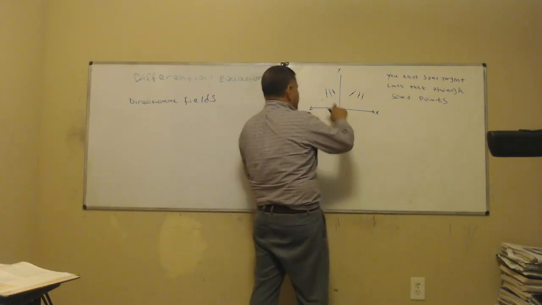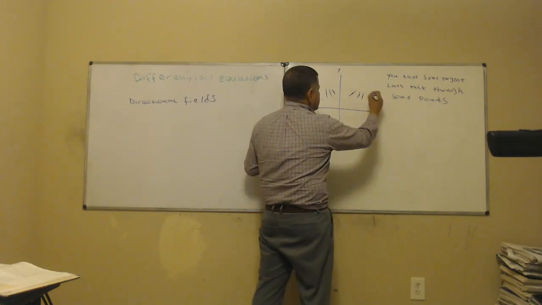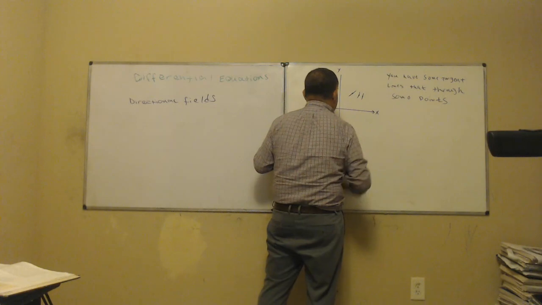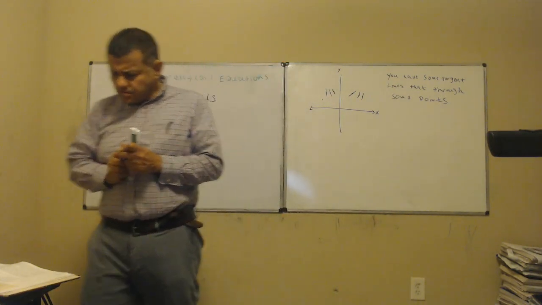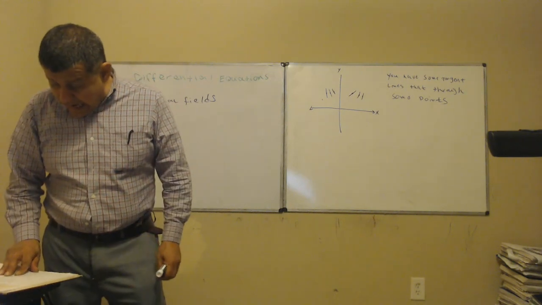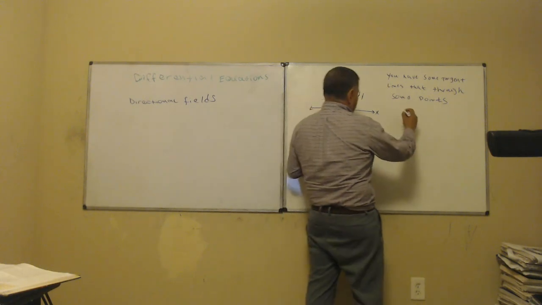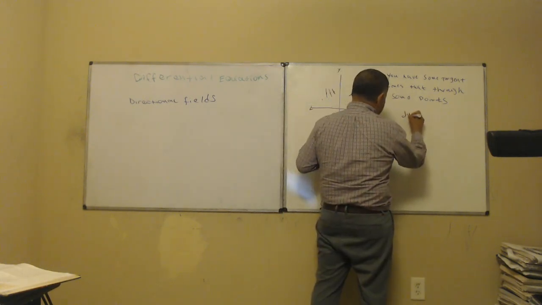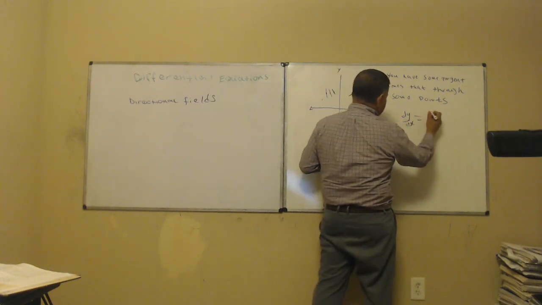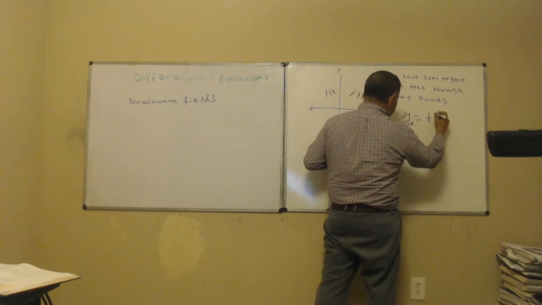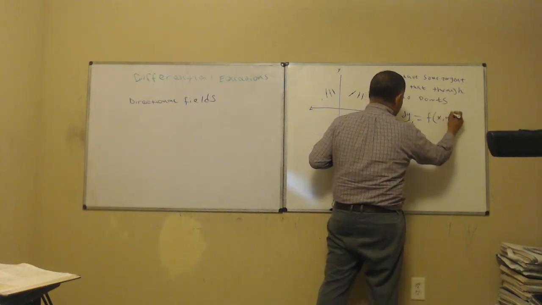As you can see, this tangent point, at that point, the derivative dy over dx is equal to some function depending on x and y.